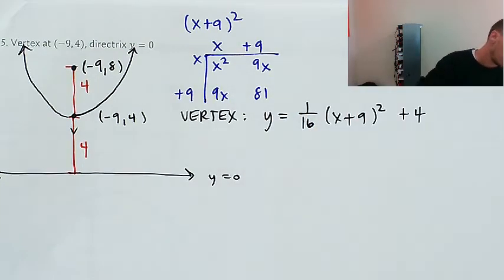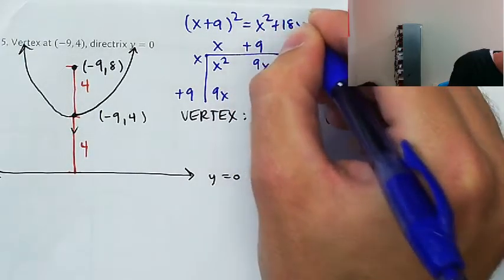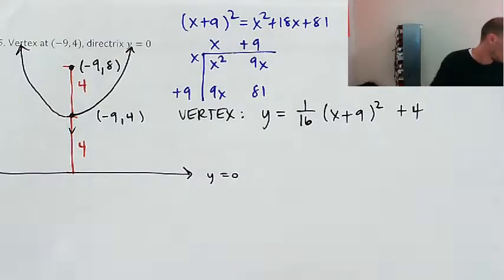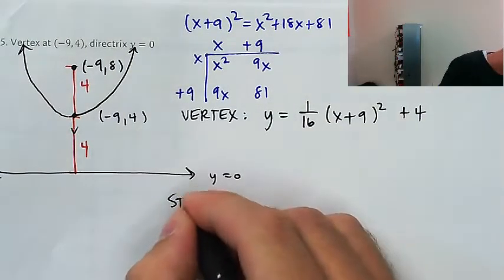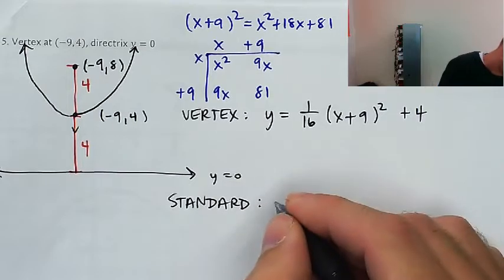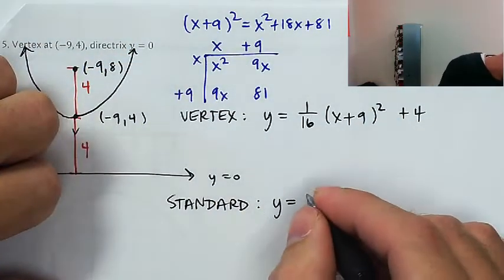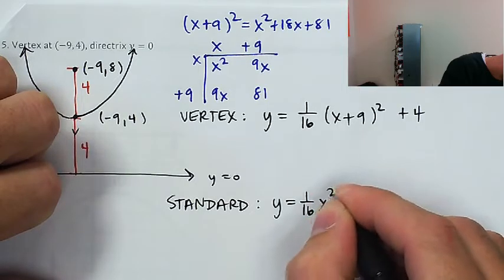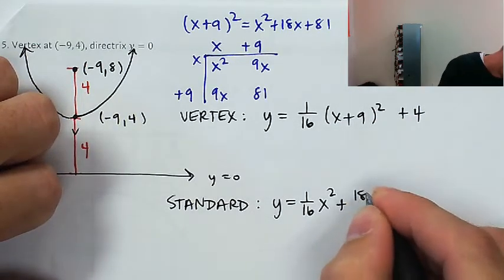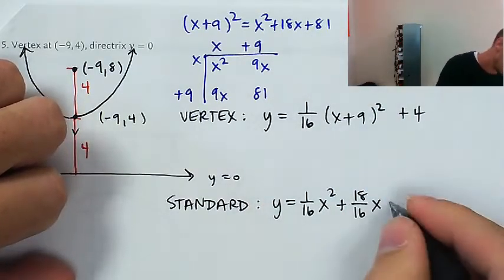And then my standard form equation is going to be y equals, okay, I've got to multiply this whole thing by 1/16. So 1/16 of x squared plus 18/16 x plus 81 over 16 plus 4.